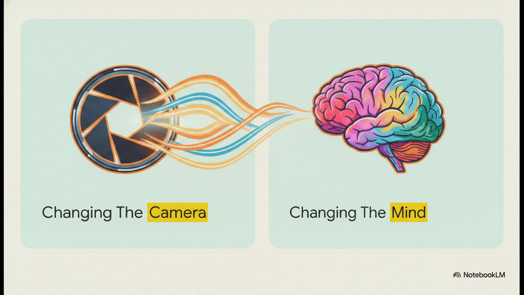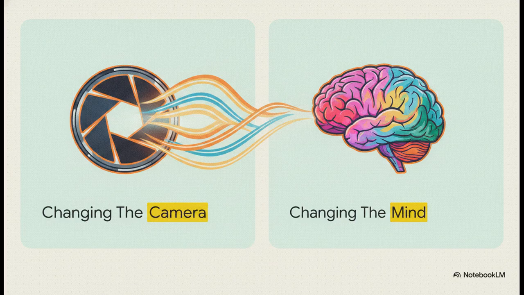What if we tried to actually synthesize these wildly different elements? I know, it sounds crazy, but stay with me. Think about the contrast between changing a camera and changing the mind. Long exposure photography is quite literally about the act of changing the exposure, right? Leaving the camera shutter open for a longer period to let in way more light, fundamentally blurring the boundaries of time in a single still image.